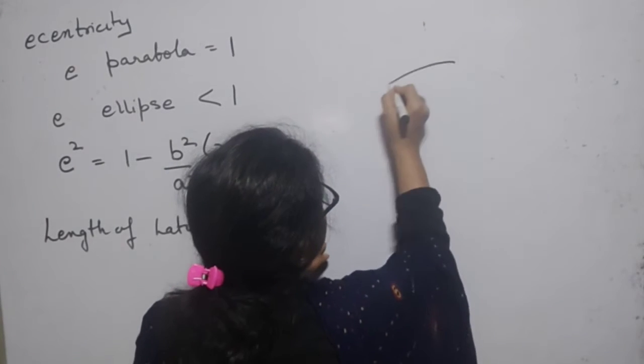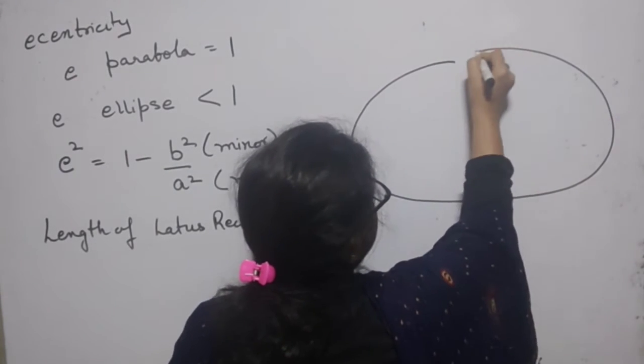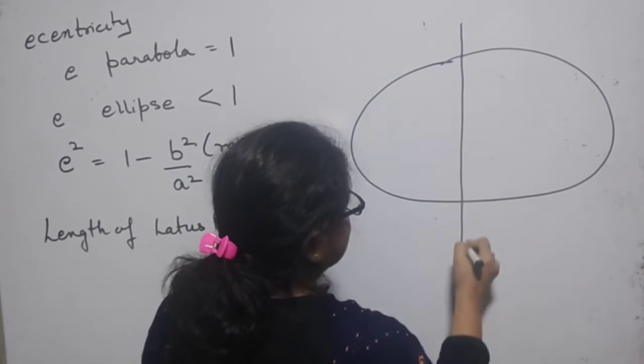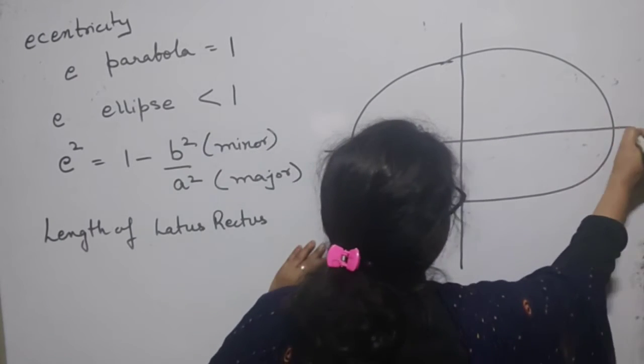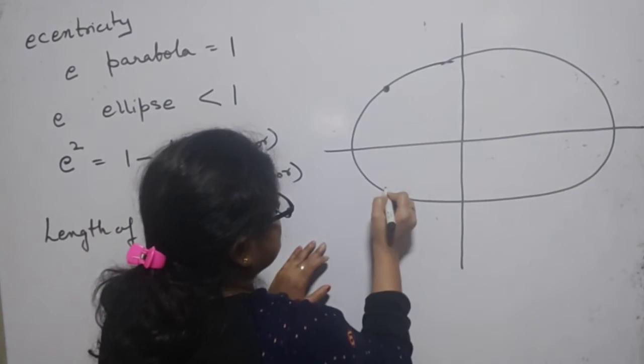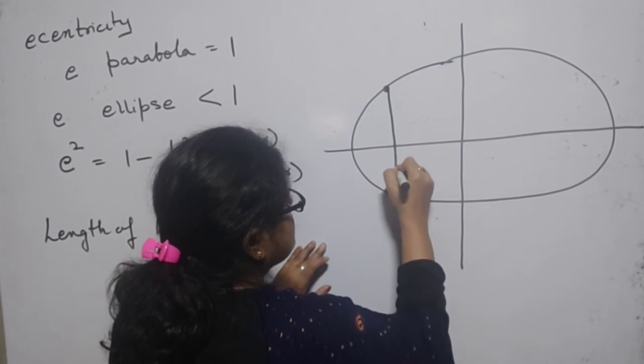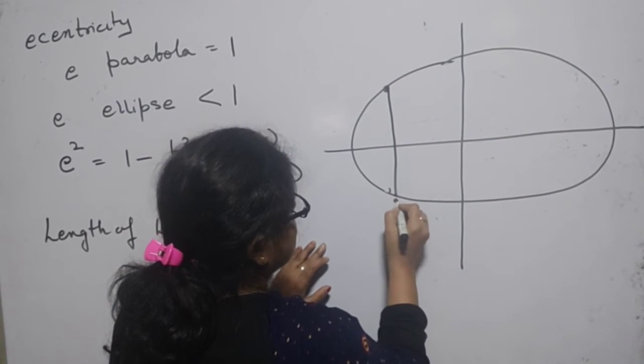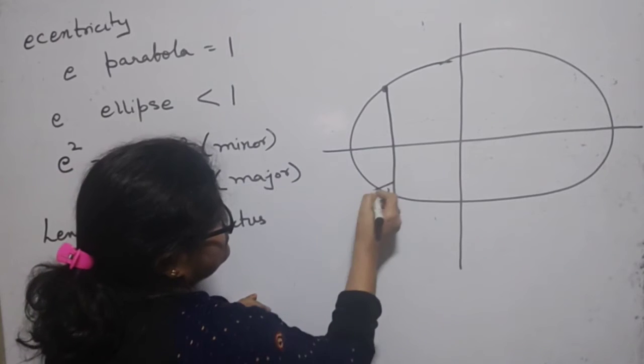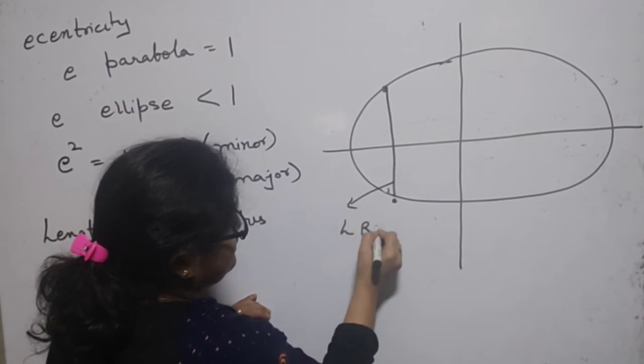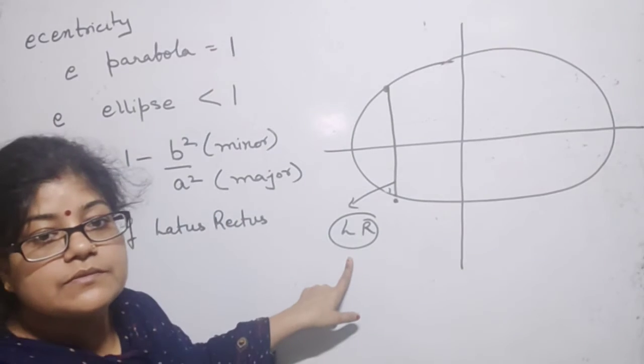These two points, this is the latus rectum of the ellipse.